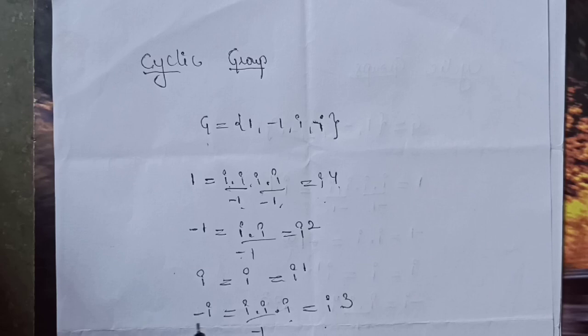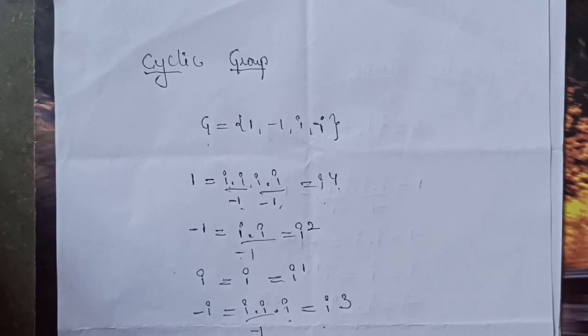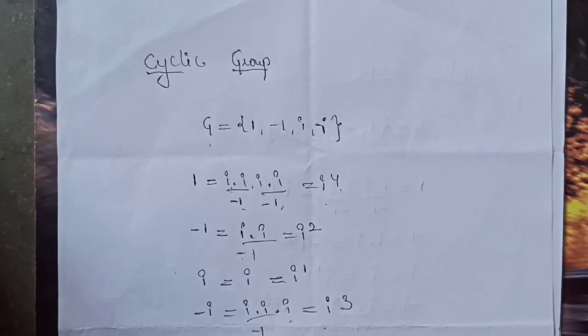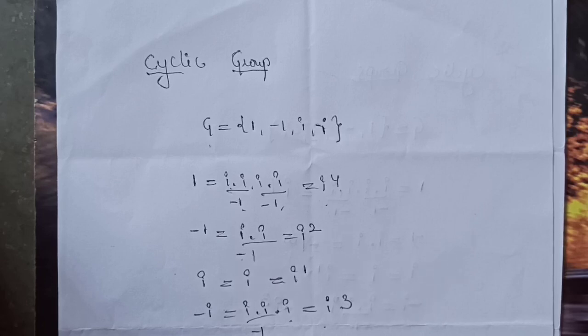Now we get the definition of cyclic group. A cyclic group is a group in which each element can be represented in terms of a power m. Here a is called the generator, for a belongs to G and m is any integer. So now let us see the definition of cyclic group.